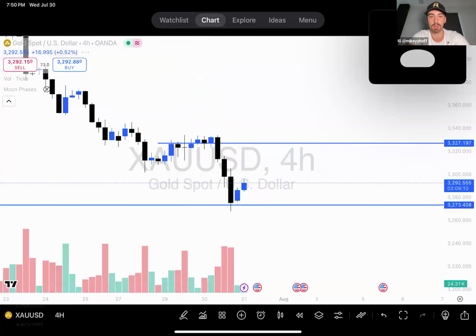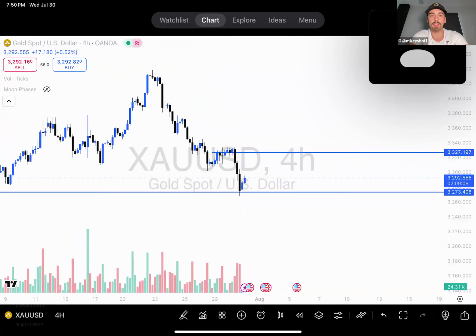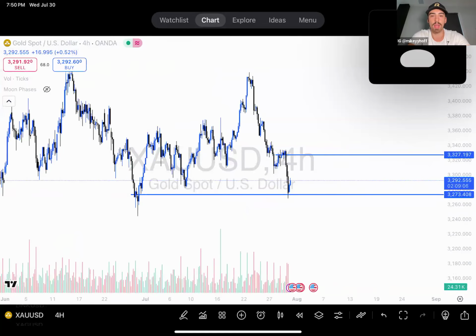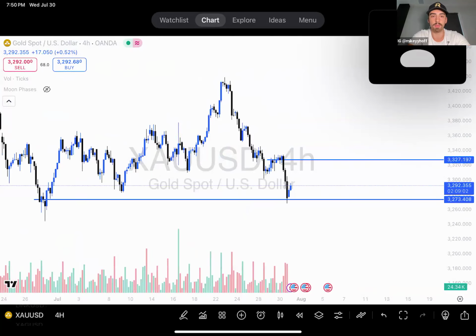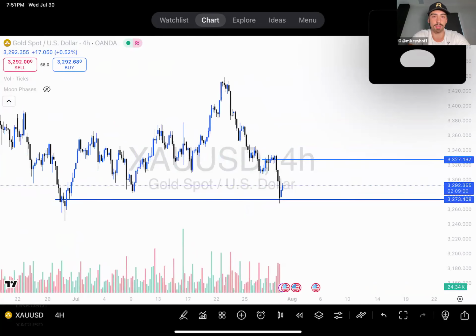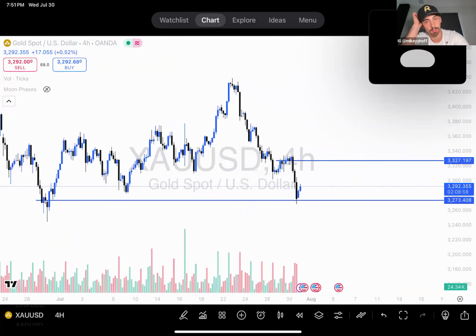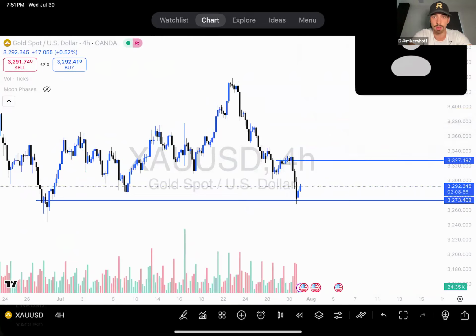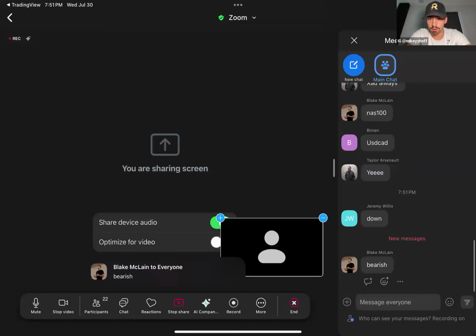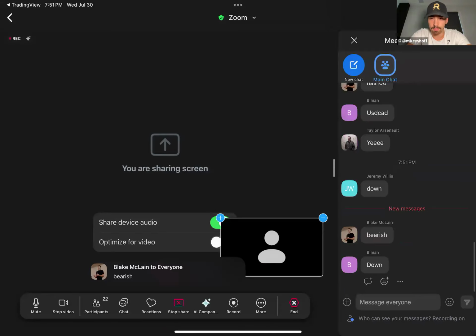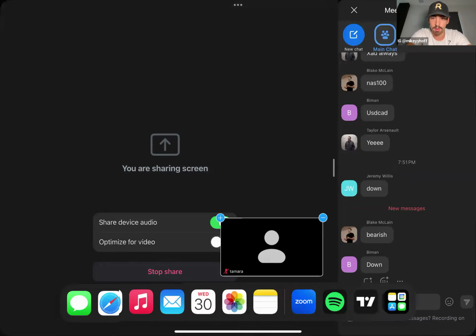All right, so now let's drop down to the 4-hour chart and see which trend we are currently in. Drop in the chat which trend you think we are in for gold at the moment. Let me go see, open up the chart here. Bearish, down, down. Awesome.